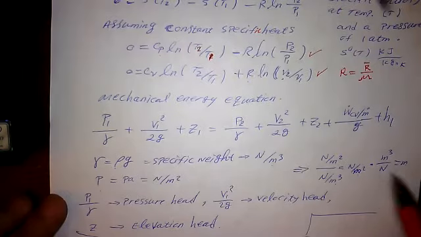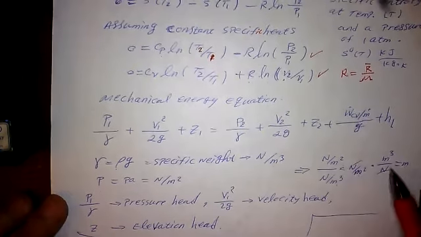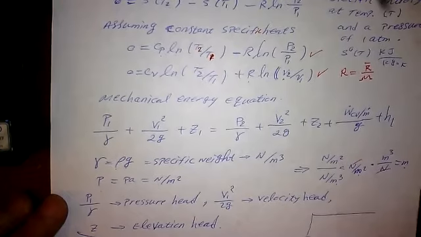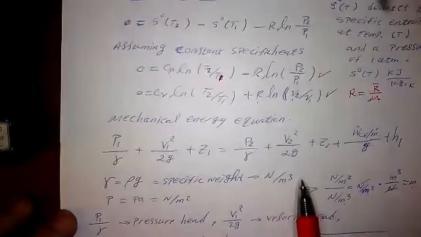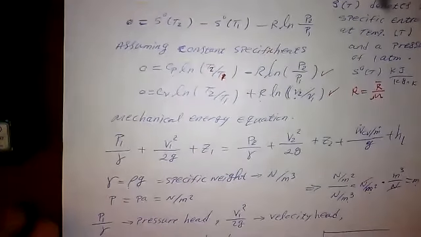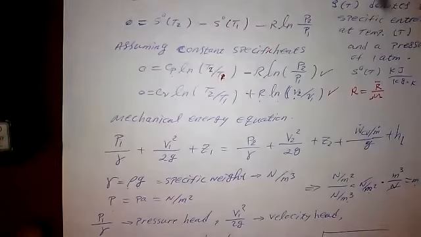Newton and Newton cancel out, and we get meter cubed over meter squared, leaving one meter. Therefore, each term in the mechanical energy equation has a unit of length, so it could be meters, inches, or centimeters.